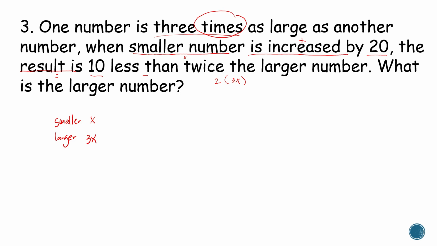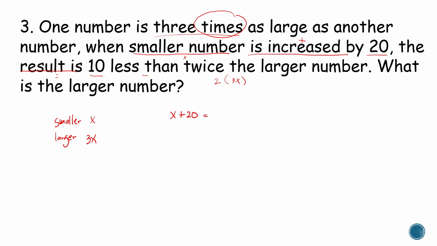Let's begin with the statement that says, when a smaller number is increased by 20. That's your representation for that statement. When a smaller number, which is your x, is increased, that means plus 20. The result is, that's an equal sign.